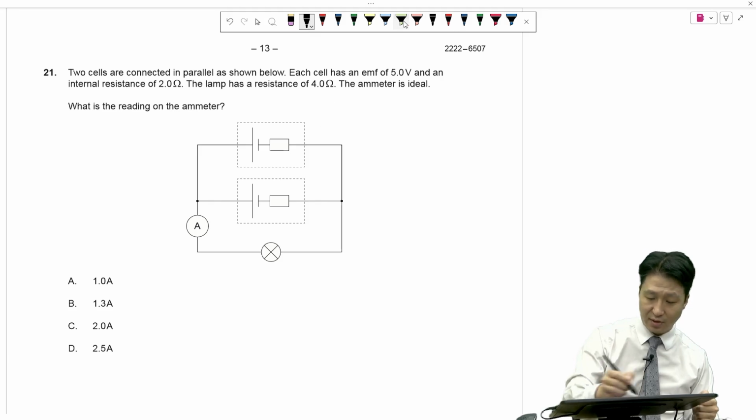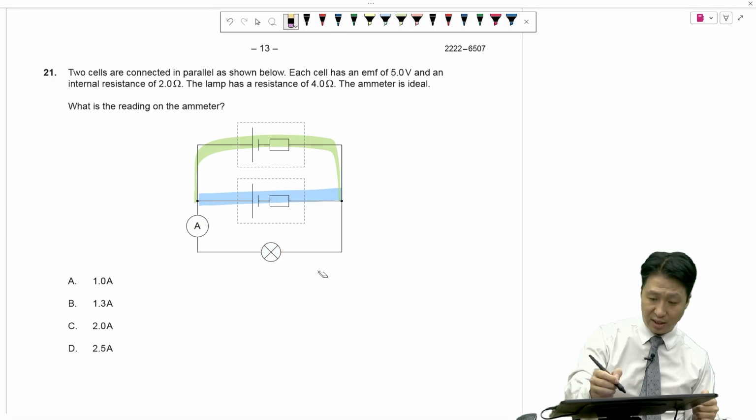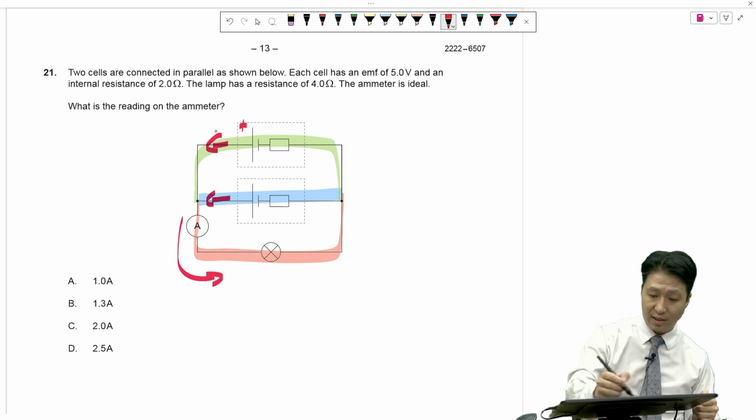So what we're going to do is we're going to take a path. First, this wire has its own current, this wire has its own current, and this wire has its own current. Here, we're going to draw the direction of the currents. Let's do left because it's positive, left, and they're going to meet up here.